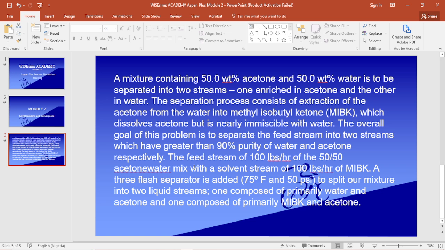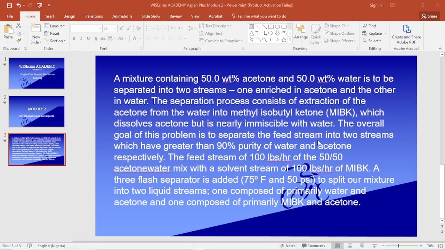After doing that, a flash separator is added with a temperature of 75 Fahrenheit and a pressure of 50 psi to separate our mixture into two liquid streams, one composed of primarily water and acetone, and one composed of primarily MIBK and acetone.